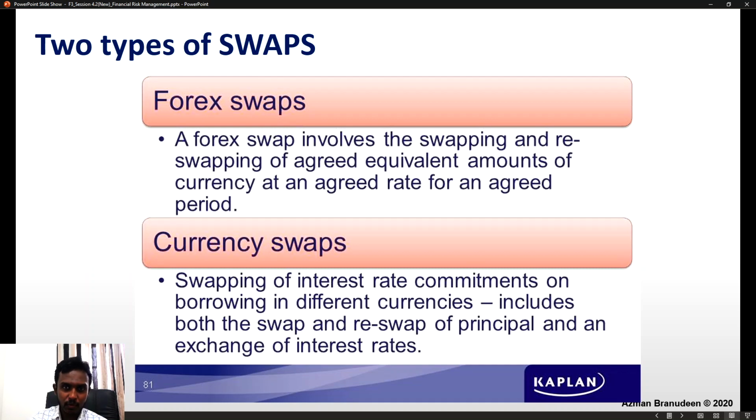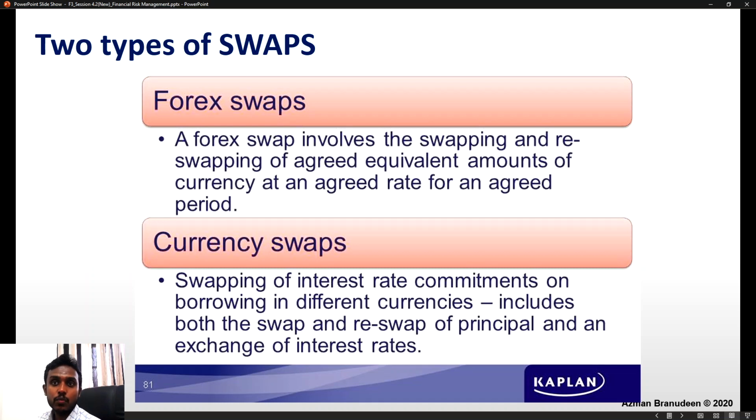But a currency swap is where you're swapping interest rate commitments on borrowing in different currencies. So both of you are borrowing to fulfill the other's needs and holding the responsibilities as well, not only of the principal but also of the interest payments.